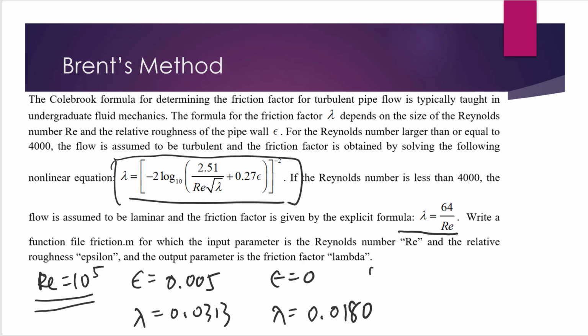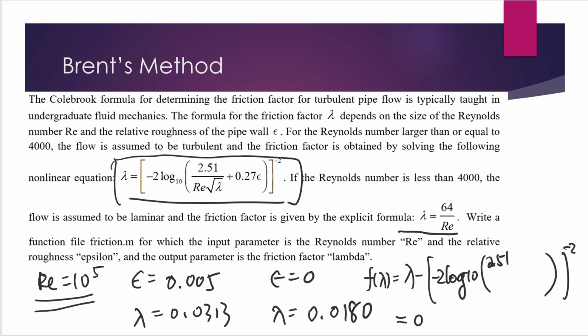Basically we solve the function f of lambda, which is equal to lambda minus the something in the bracket to the power of -2, and this will be equal to 0. Then we use f0 to find the root of this function. Inside the bracket is -2 times log10, and inside this bracket is 2.51 over Re times the square root of lambda, plus 0.27 times epsilon.